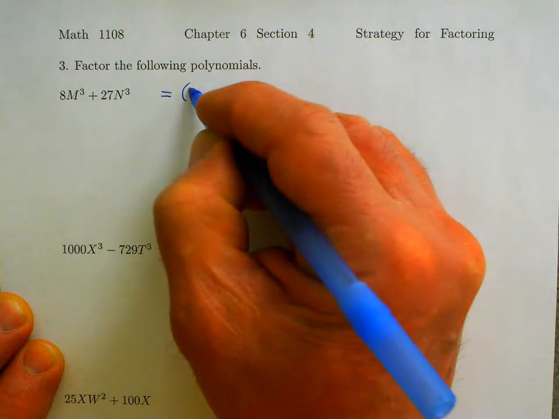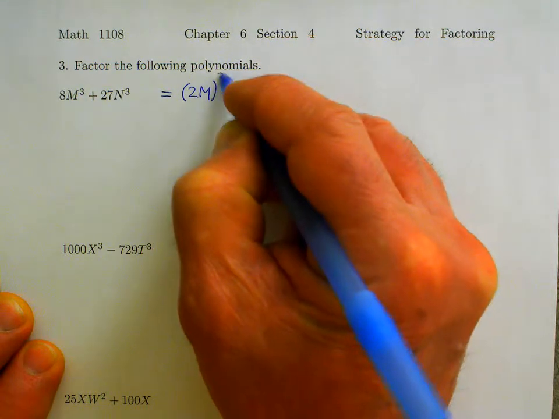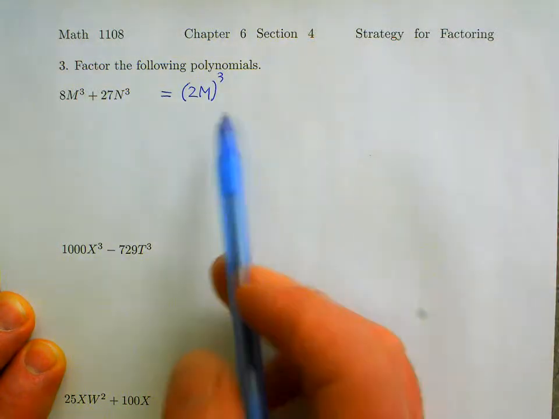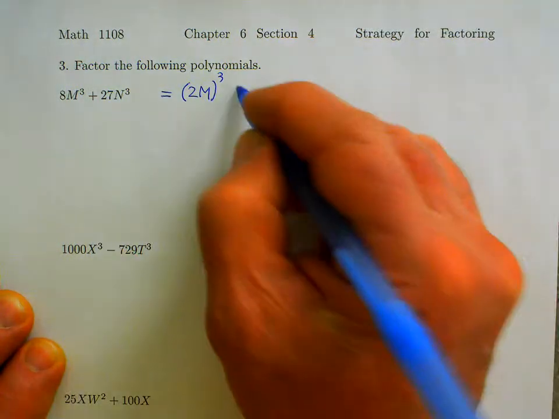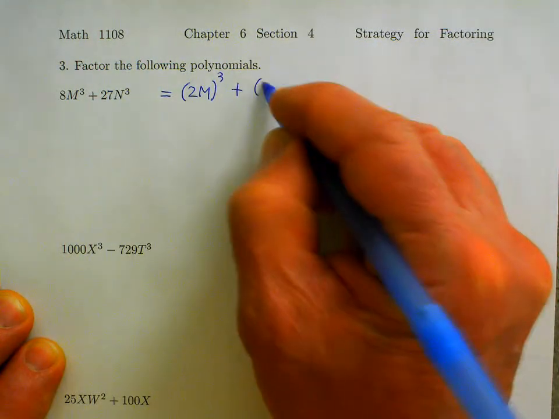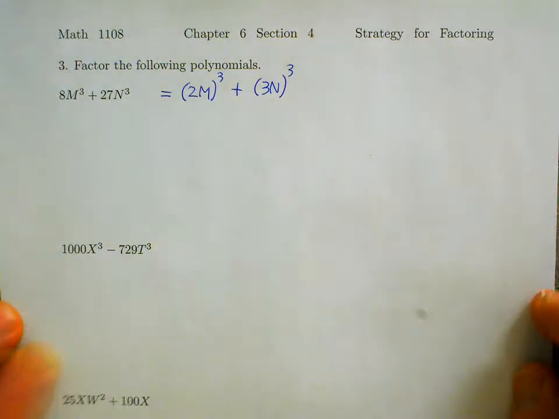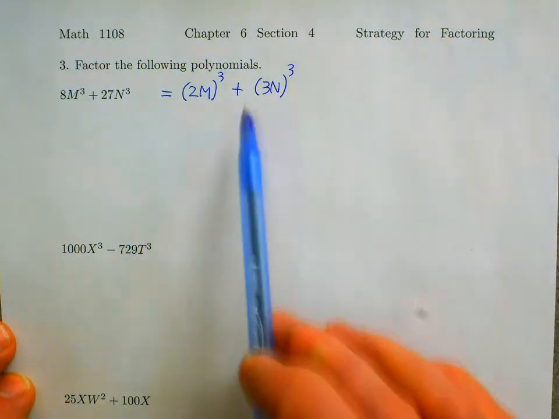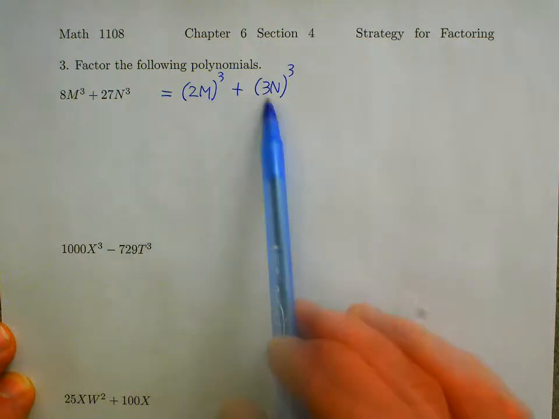If you raise the term 2m in parentheses to the third, that's the same as 8m to the third. And then if we add that to the term 3n in parentheses to the third, then it's more apparent that we're looking at a sum of cubes.